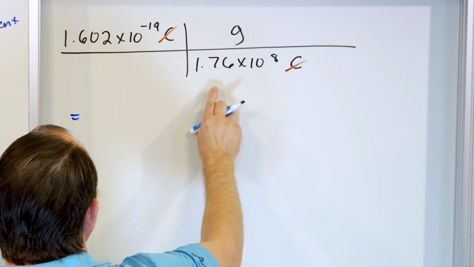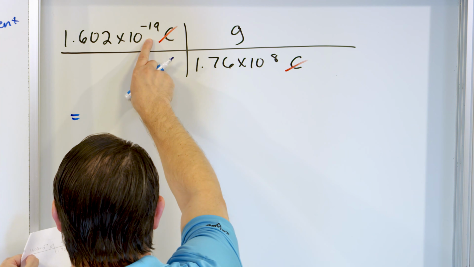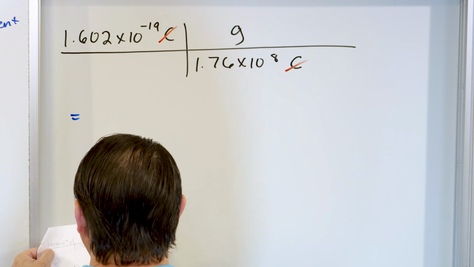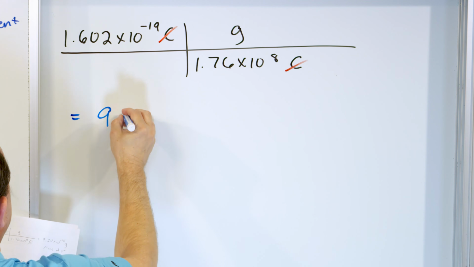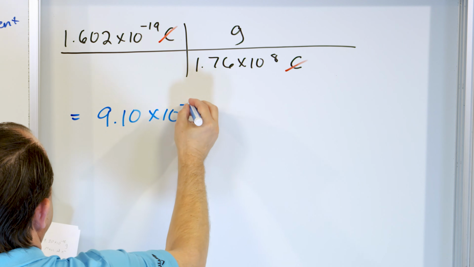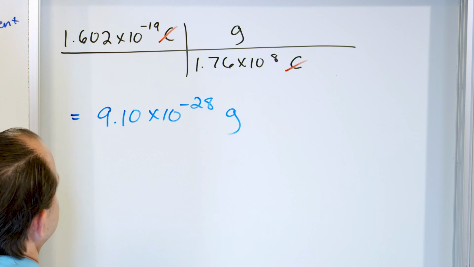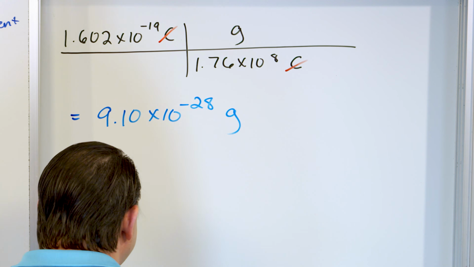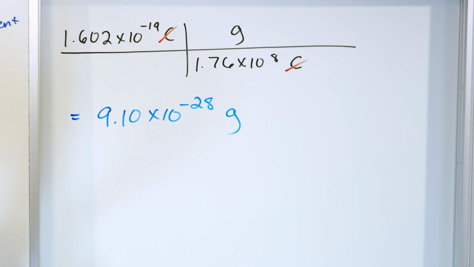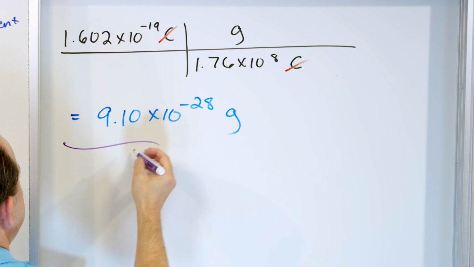So when you take this number, which is a tiny number, don't forget, and divide it by a really big number, what do you actually get? 9.10 times 10 to the negative 28, and this is grams. Now this was a value calculated in the early 1900s, right? Now, what about modern values?